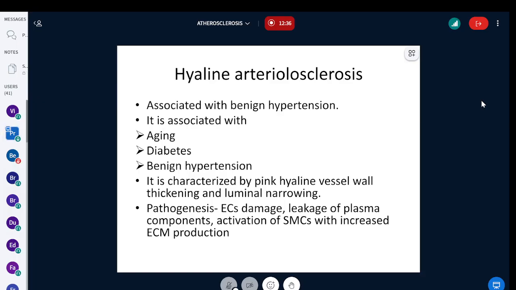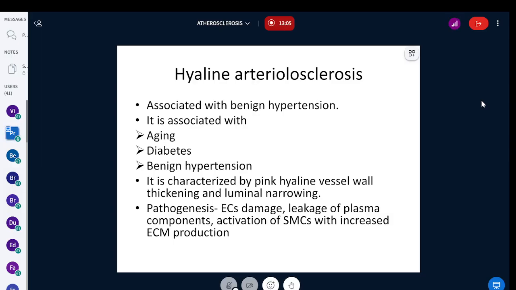So let's look at arteriolosclerosis. And we say there are two types. You have hyaline and you have hyperplastic. Hyaline arteriolosclerosis is a blood vessel disorder that is usually associated with benign hypertension. Most of the patients who have hypertension eventually will develop hyaline arteriolosclerosis.